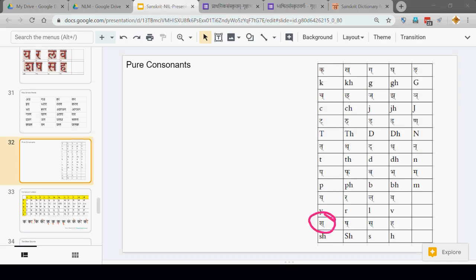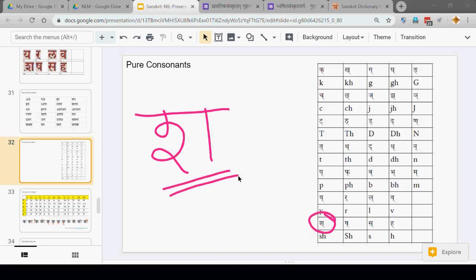And the one symbol worth mentioning again here is sh, because it already has a vertical line in the base symbol itself. This is sh. Remember the sh is a palatal sound like ch, sh, and then we add a vertical line, it becomes sha.